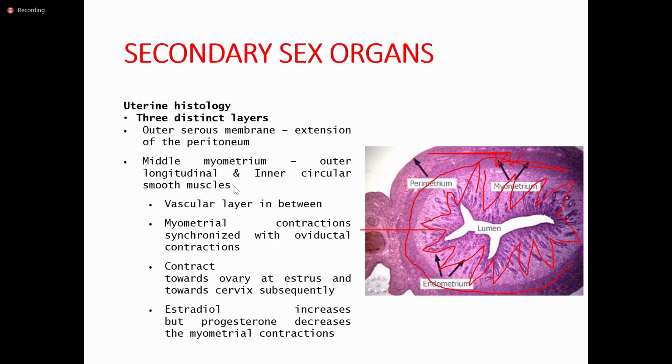And I just want you to note that in the endometrium, this is where the caruncle occurs, and the endometrial glands are present here. This is for the production of the nourishment that is needed by the developing embryo.